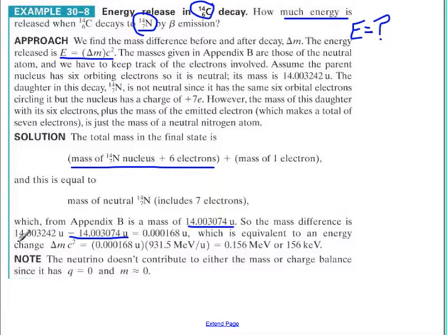I see that. Okay, so this guy must be the carbon. So we're looking at the difference between the original carbon and this guy, which is an amalgamation of the daughter nitrogen, and also it kind of includes that beta particle. Okay, so when we subtract those, we get that the mass is different by this much. So I think that mass is what becomes energy.